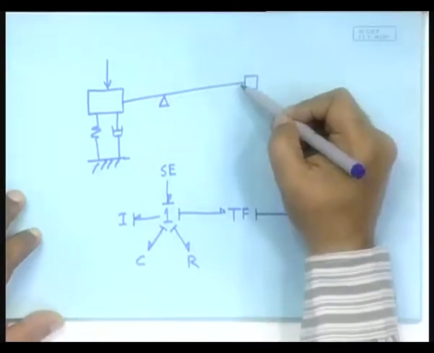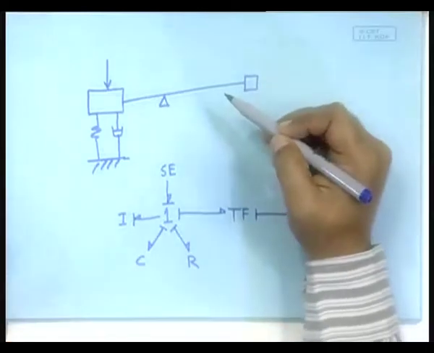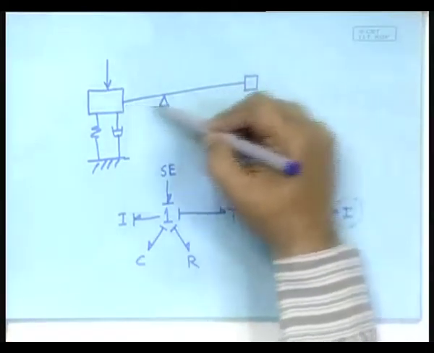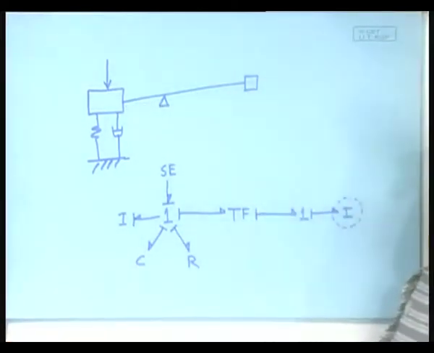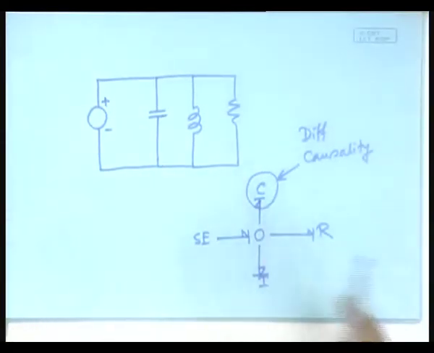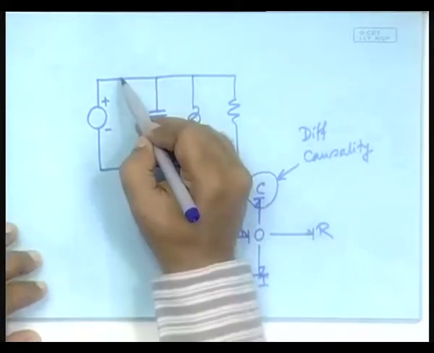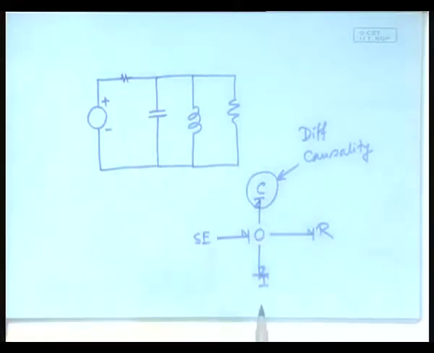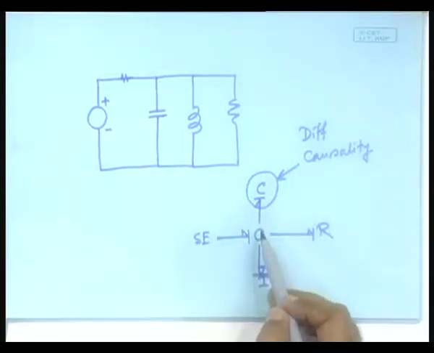So, there may be a few ways of getting rid of this problem. One, you could say that no, let us make it a bit flexible. The moment you make it a bit flexible, it becomes properly integrally causal. Say in this problem, how can you get rid of the differential causality? Simple, if you have a bit of resistance here, 0.00001, then also it becomes proper. Just check that.